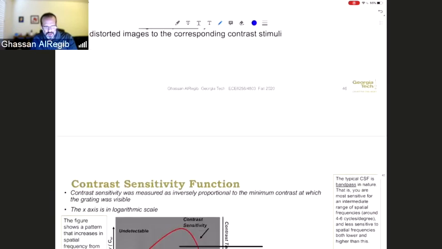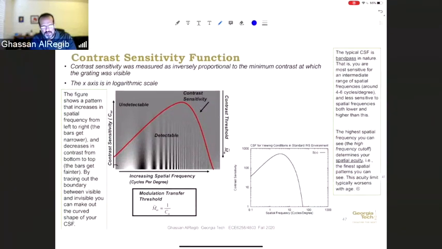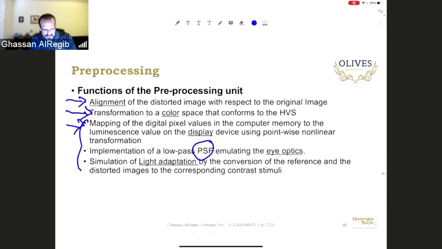So these are all ideas for pre-processing, but the major ones that we really look at are the alignment that we always do and the color space we always do. The rest are not really straightforward. We can do PSF if we have small blocks of the image, but the first two are really the most common ones in the literature.